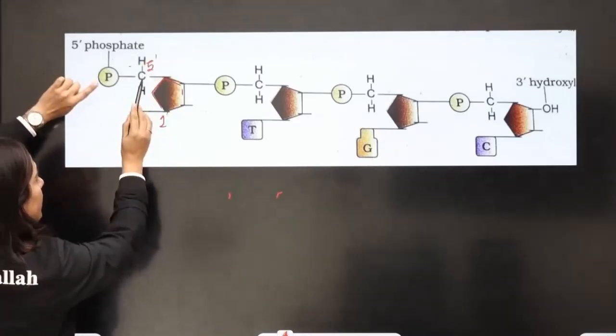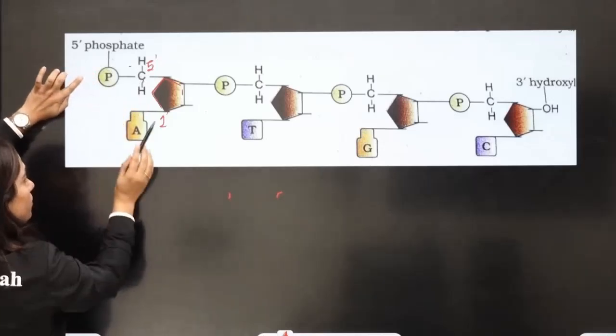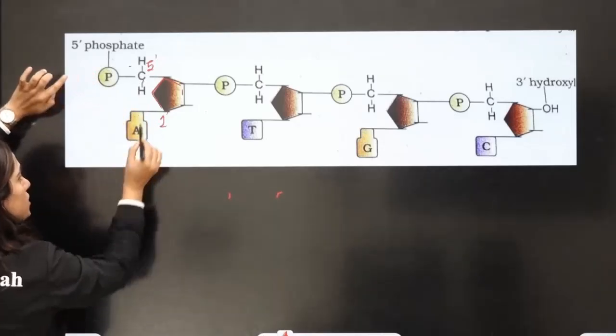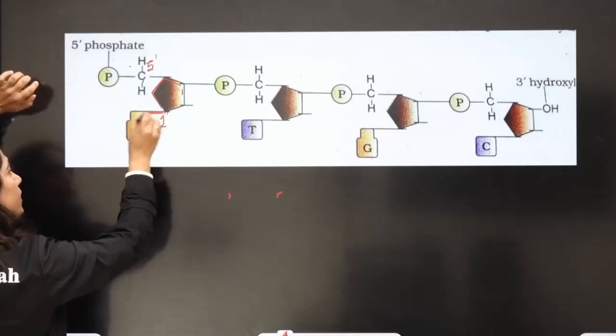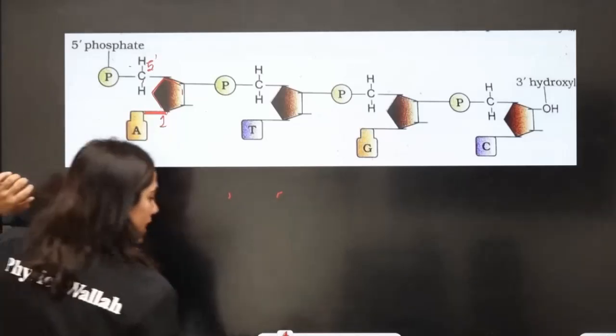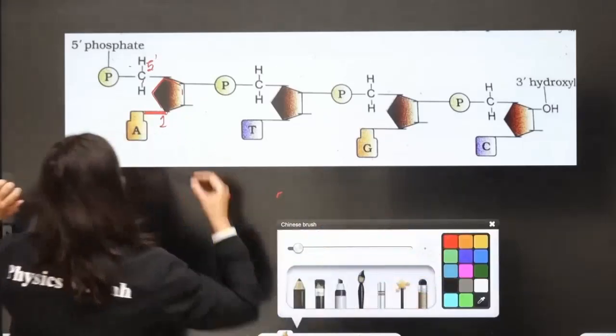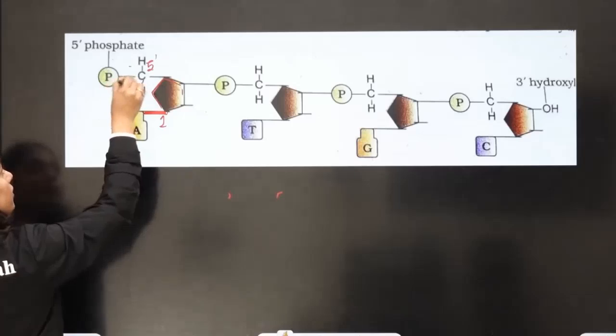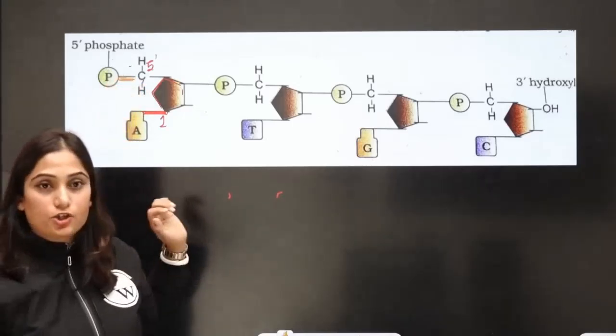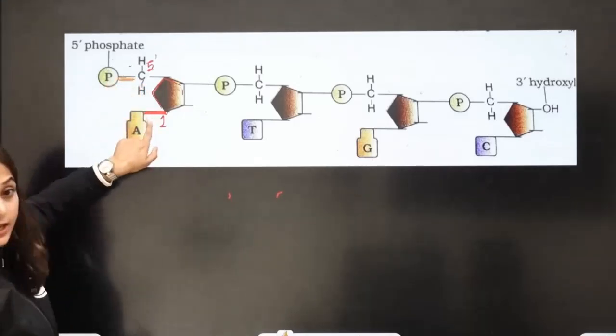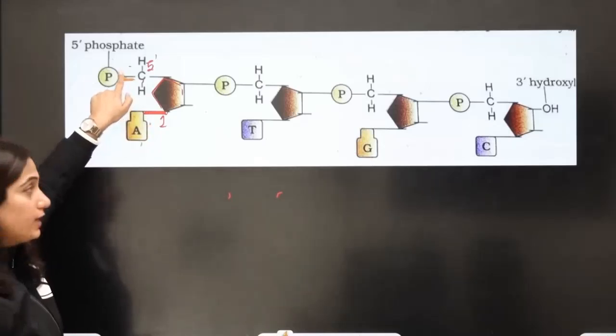At the 5' carbon, the phosphate group, and at 1', the nitrogenous base. This is the N-glycosidic linkage, and this is the phosphoester linkage.